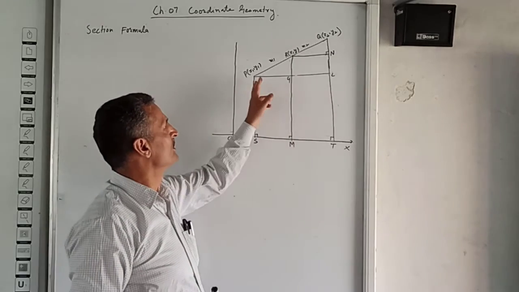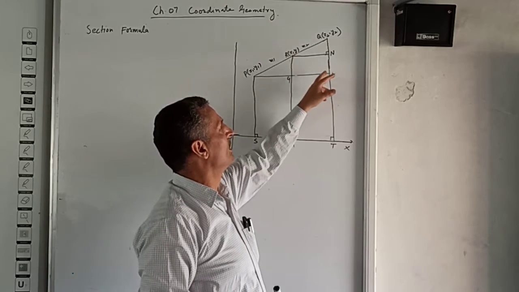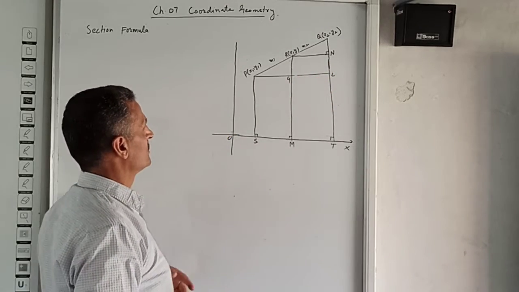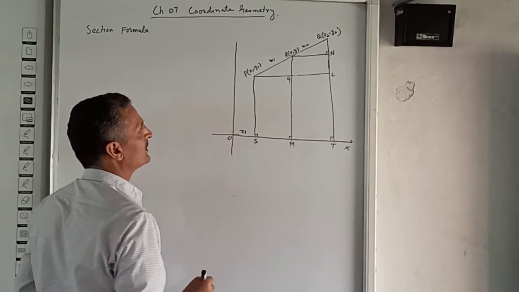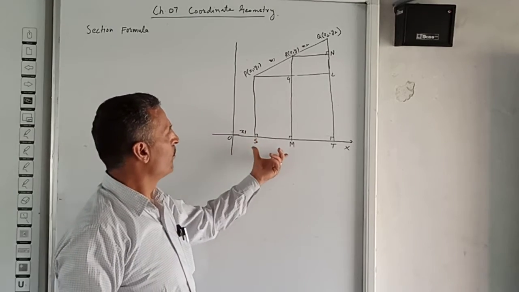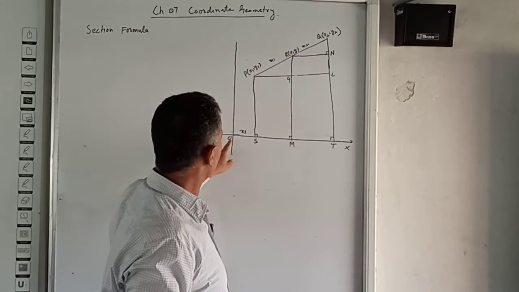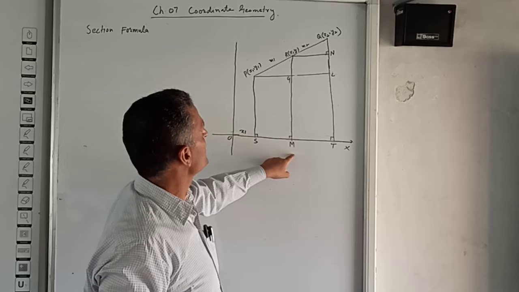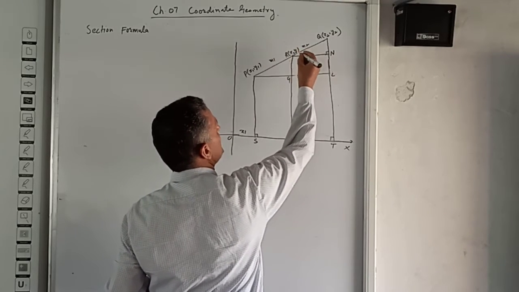We will find the distance PG, and we will find GL, NL. You know the distance formula. What is OM? OM distance is x, because this point is (x, y). This is not x1, this is (x, y).